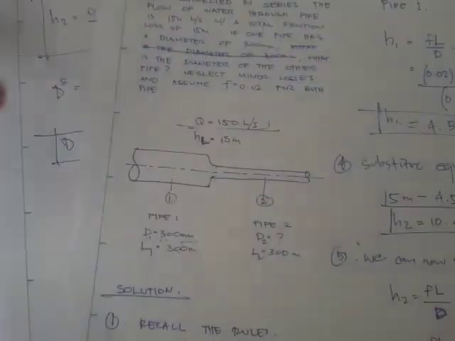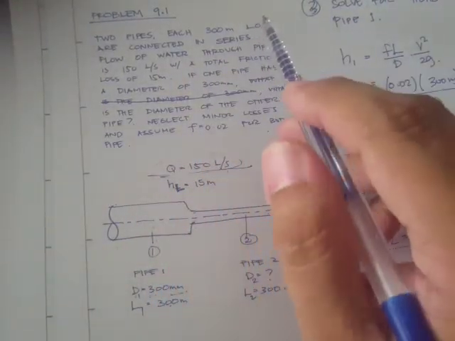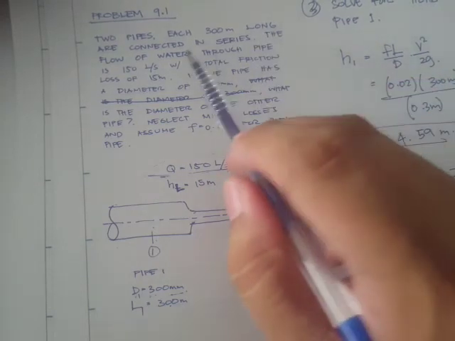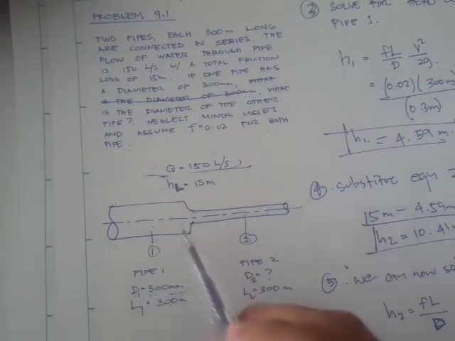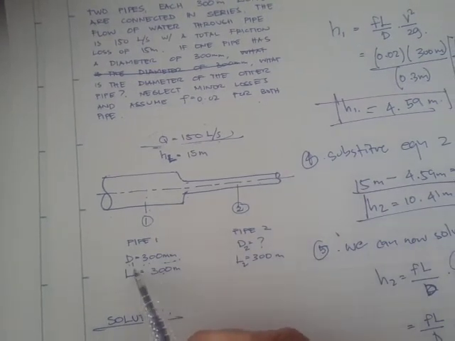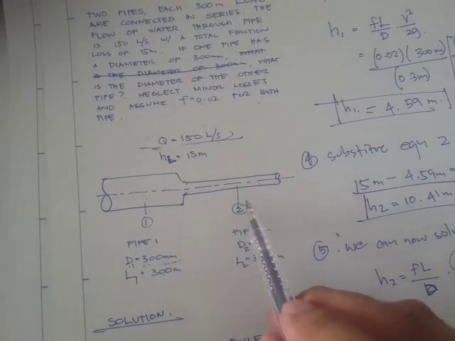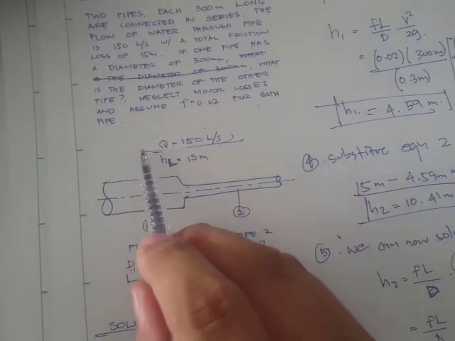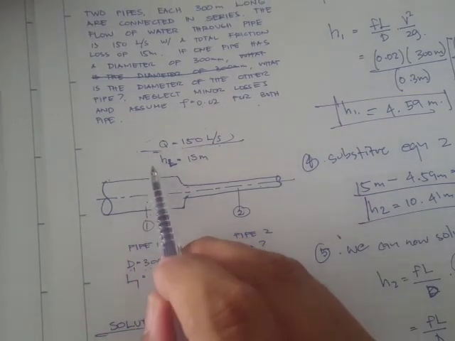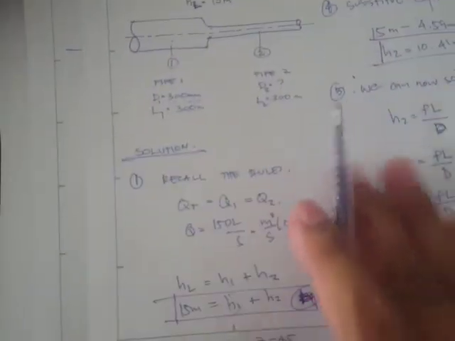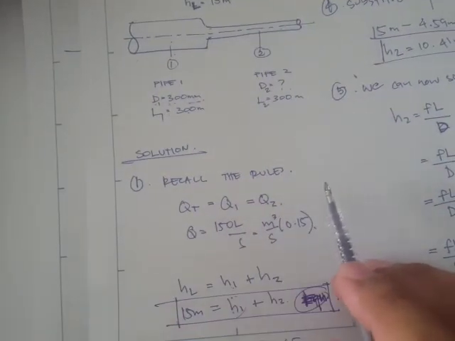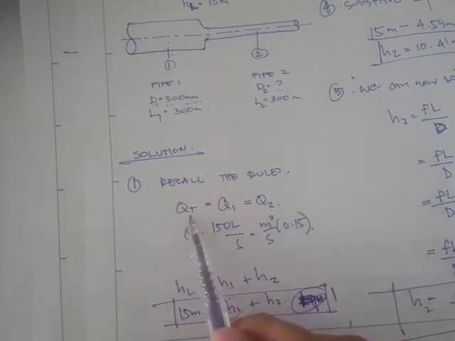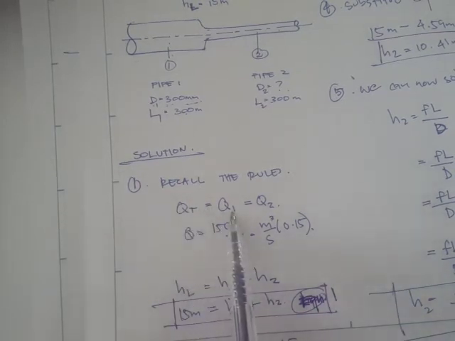Okay, so just to have a review, we have this problem that's a multiple pipe system in series, and pipe number 1 has a diameter and length, but for pipe number 2 we have to find the diameter, but we are given the flow rate and also the total head loss. So first, we recalled the rules for series connection, and we know that the flow rate at 1 is just equal to the flow rate at 2.